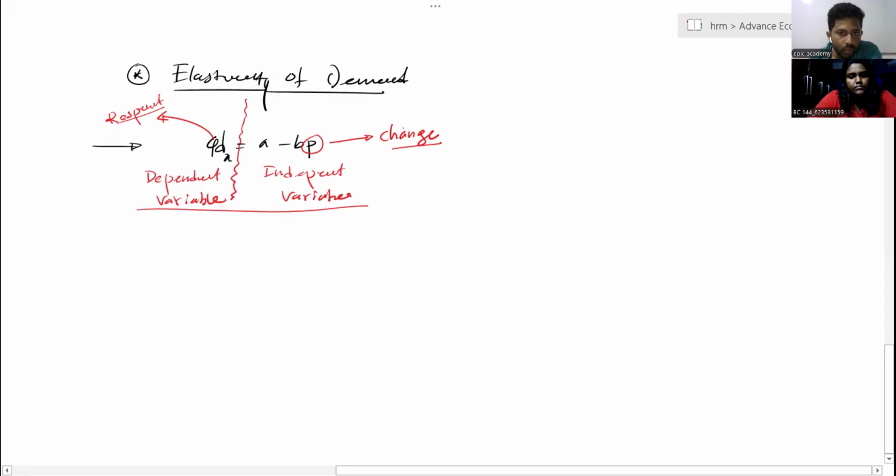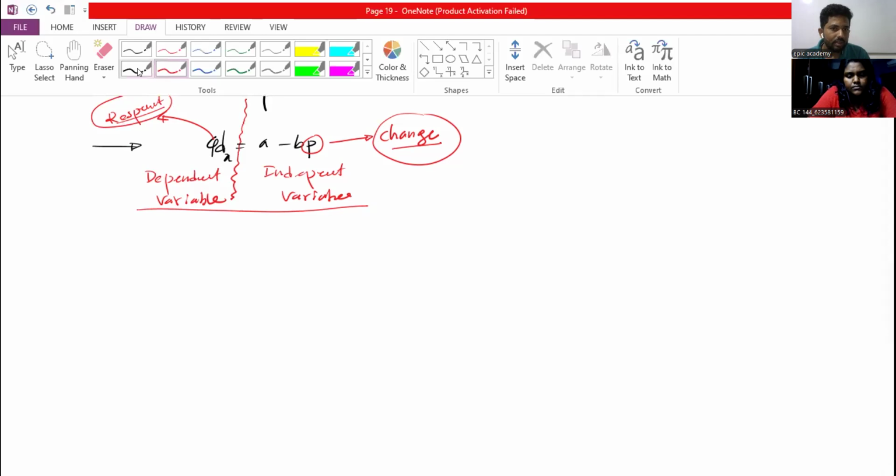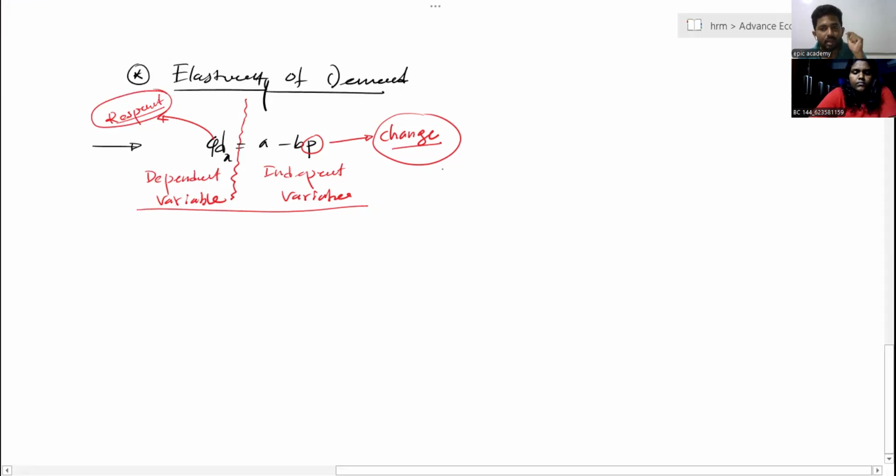So according to change in the independent variable, the response of the dependent variable is the elasticity. It's very simple. Just remember other things remain constant.